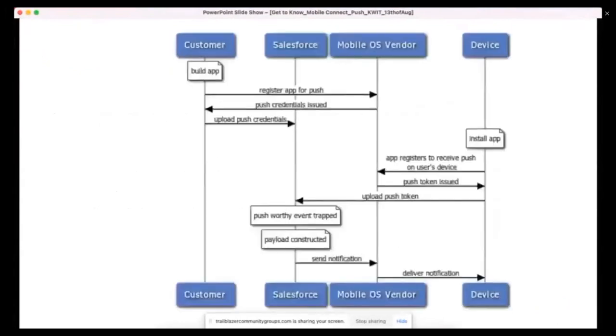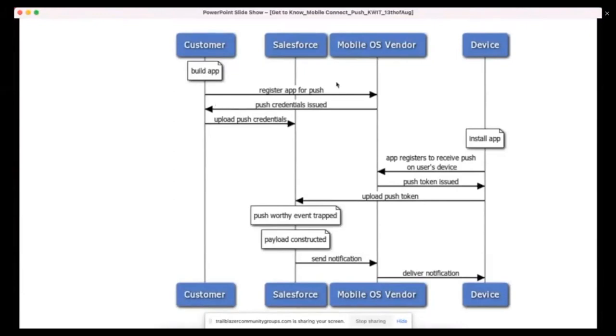This is the flow. Ideally we can see that the customer registers the app for push notifications with the mobile operating system vendor. It is Android, iOS, the same flow, nothing changed. They enable, yes, I receive push for the respective app.